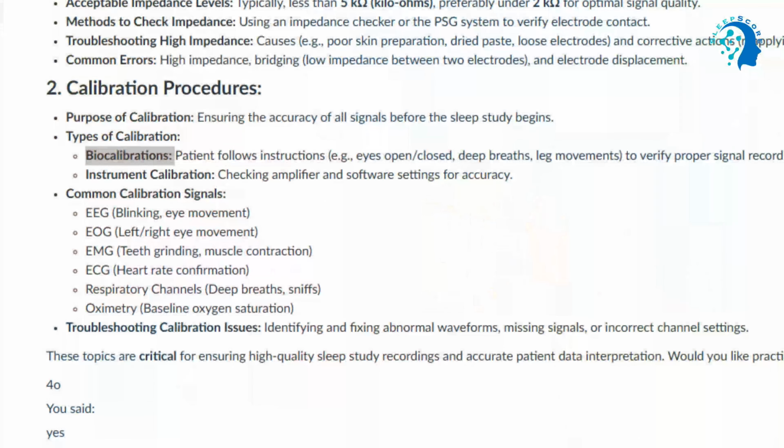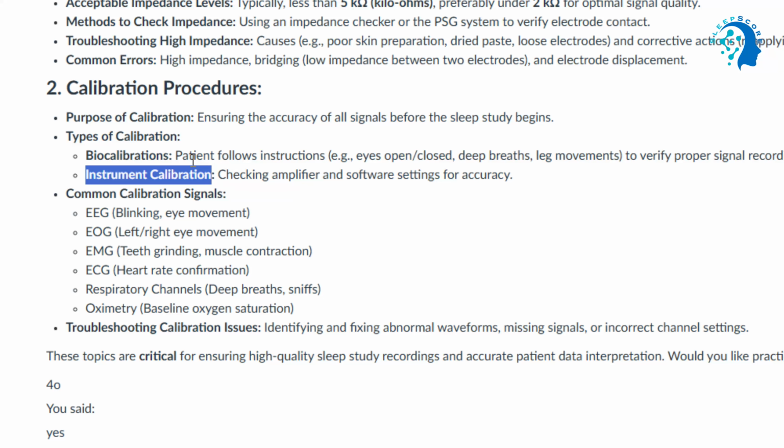How can we check the calibration? By the bodily movement we can calibrate our signals. That's biocalibration. Another is instrument calibration. Instrument means the device, the software. Those are called instrument calibration.